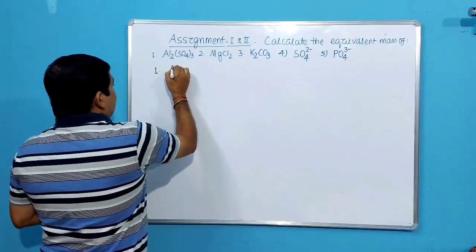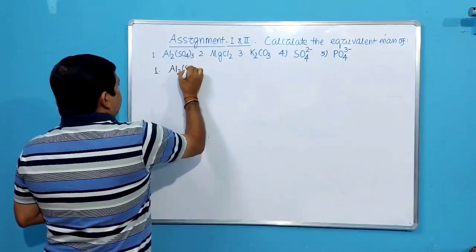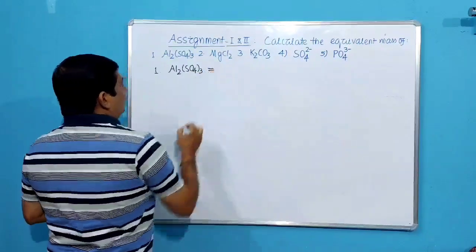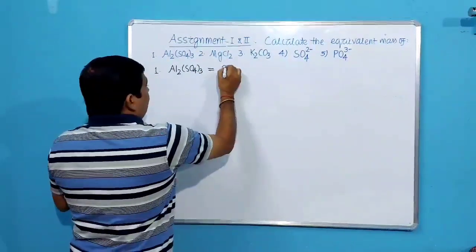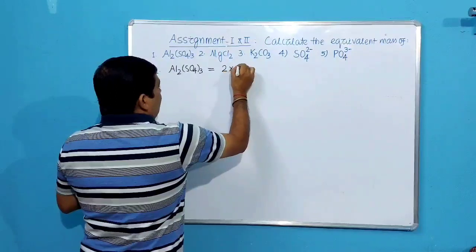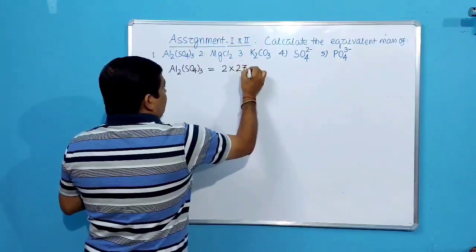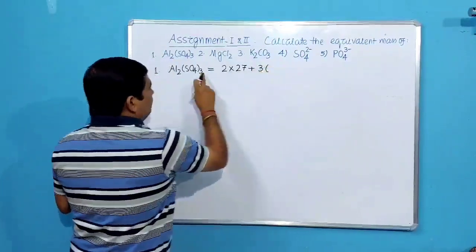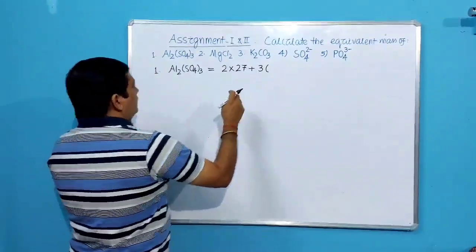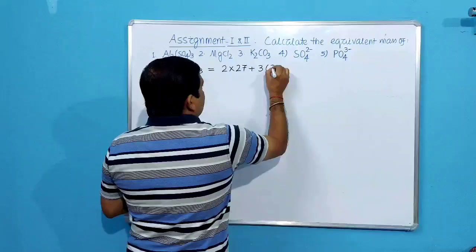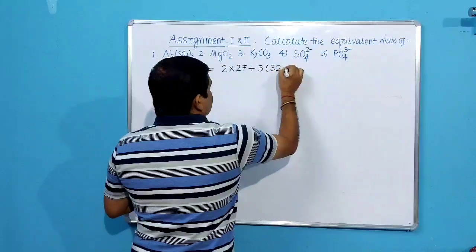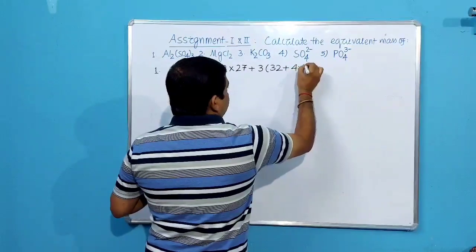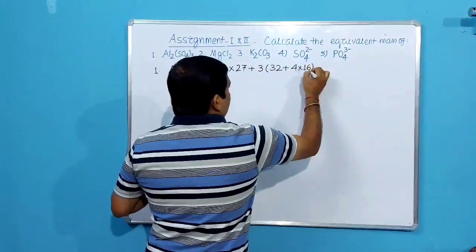Aluminum sulfate, Al2(SO4)3. Let us first calculate the molecular mass. So 2 aluminum atoms, 2 into atomic mass of aluminum, that is 27, plus 3 whole. Make it a practice: when there is a bracket, write 3 whole. 3 into sulfur 1, that is 32, plus 4 oxygen atoms, 4 into 16, 64.